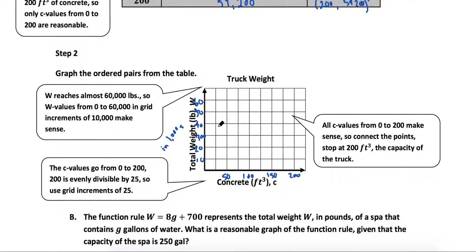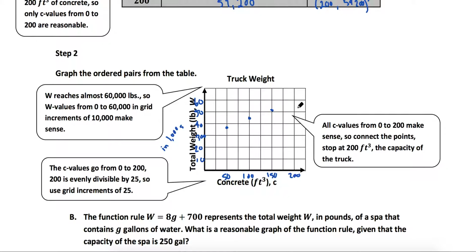We go up 50, and it's at 37, so we'll call that about there. 100 with 44, about in the middle there. 150 with 50, almost 52.